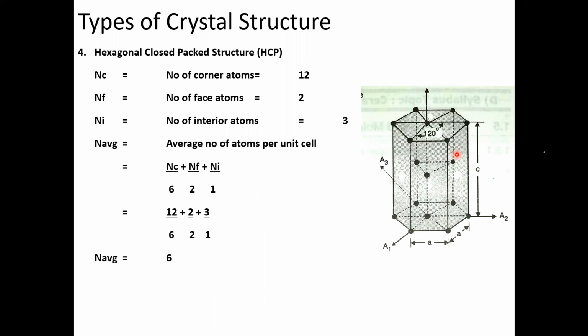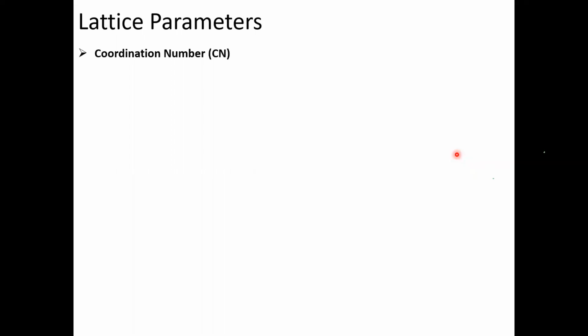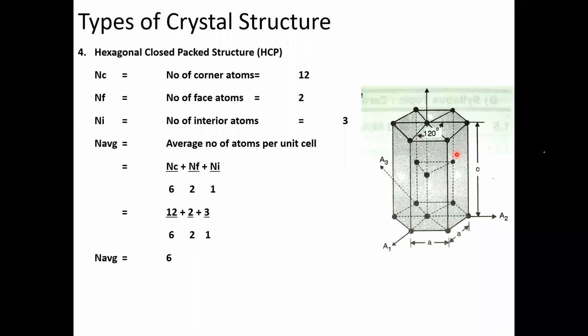So this is one of the lattice parameters, the average number of atoms per unit cell. Sir, please repeat NC by 6 once more. Yes, NC by 6. Why is it NC by 6? For hexagonal structures, the corner atoms are shared by 6 cells: 3 from the cells below and 3 from the cells above. That's why 6 is considered in the hexagonally close packed structure.